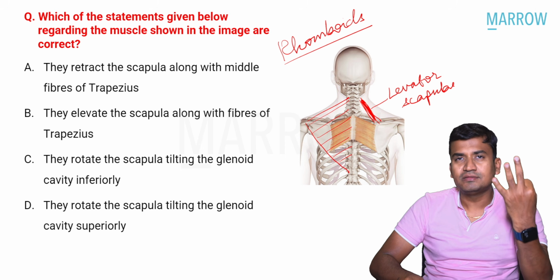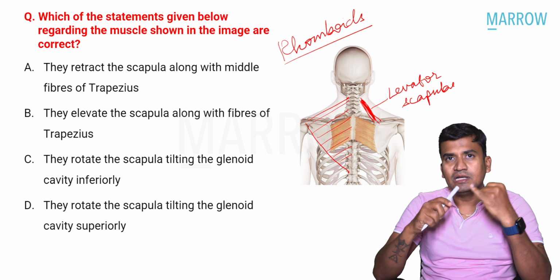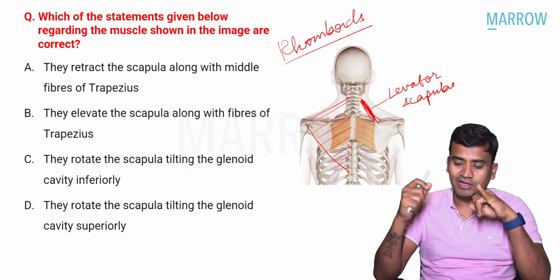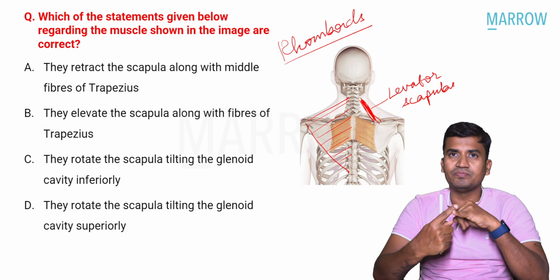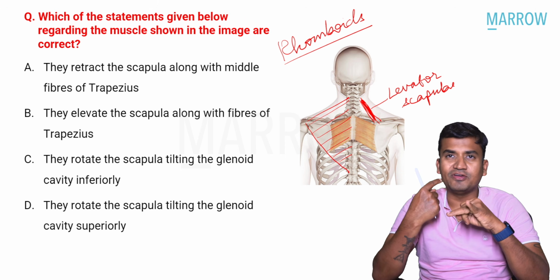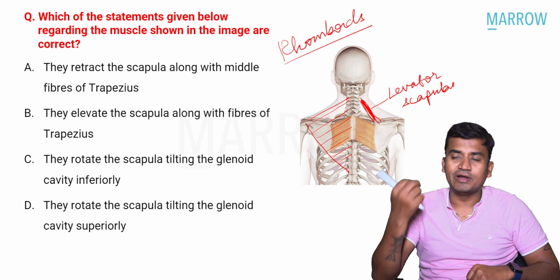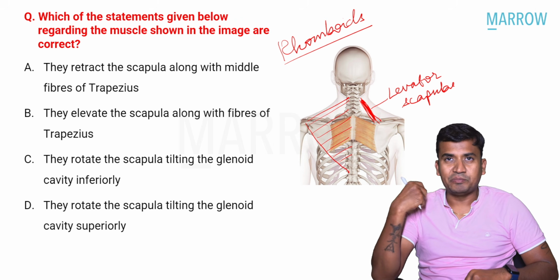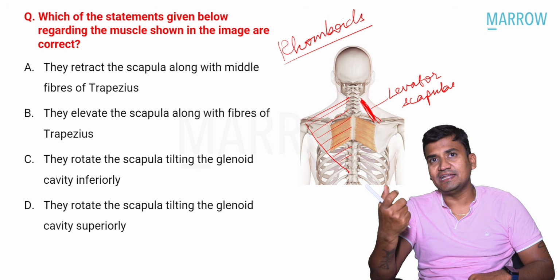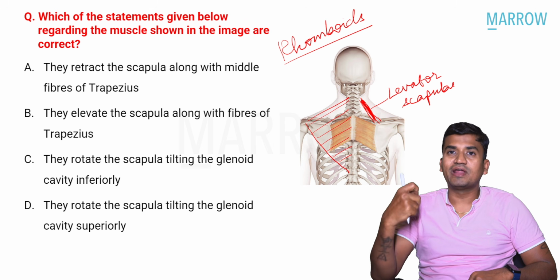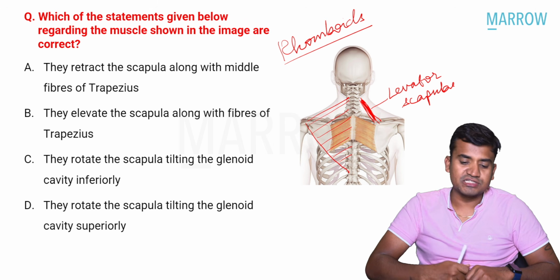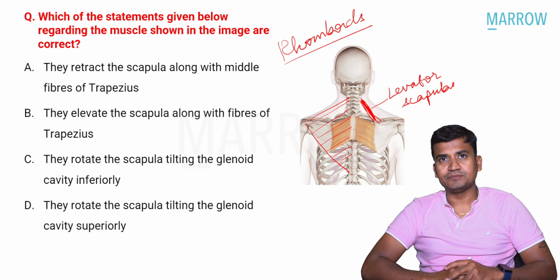Trapezius muscle does 3 actions. Number 1, elevation of the scapula along with the levator scapulae muscle. The middle fibers help in retraction of the scapula along with the rhomboideus muscle. And the trapezius muscle along with serratus anterior helps in overhead abduction. So these 3 actions are there for our trapezius muscle.